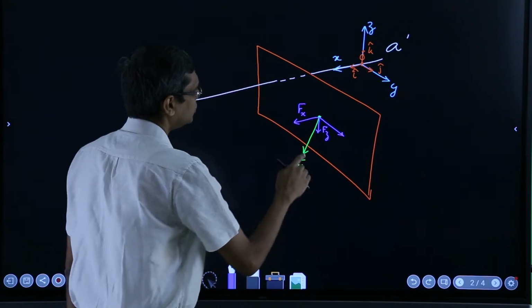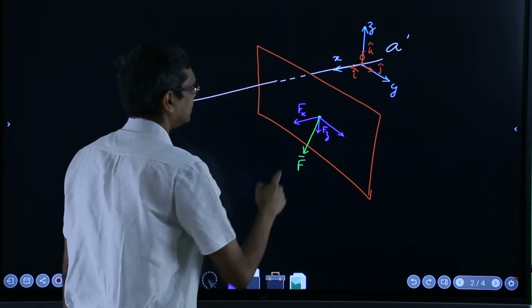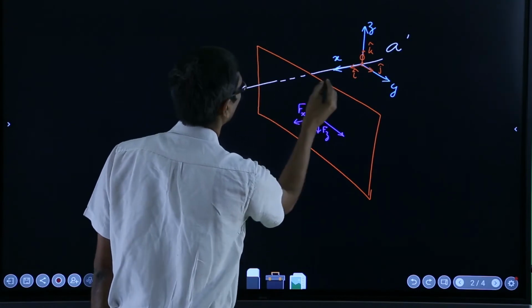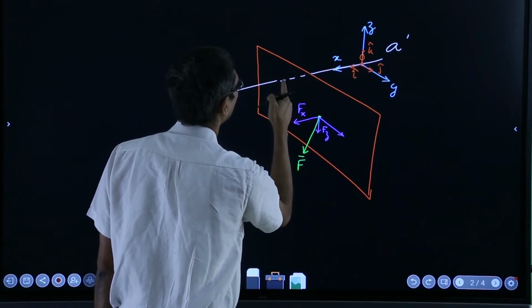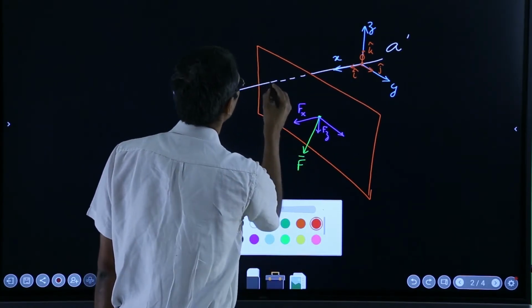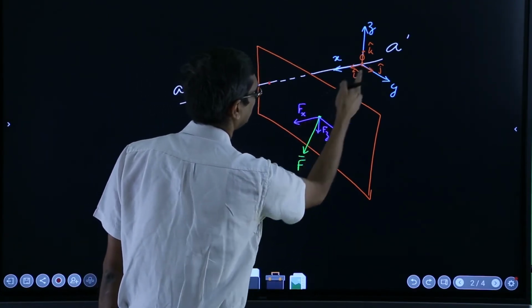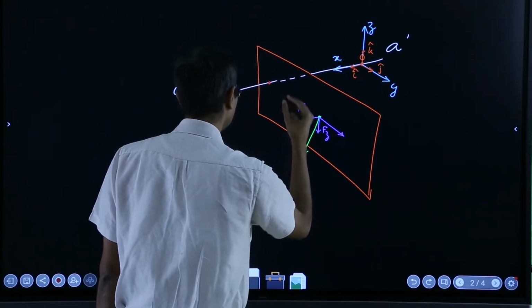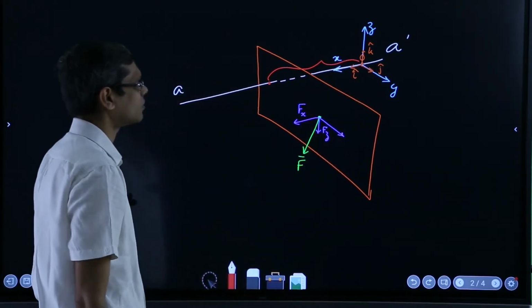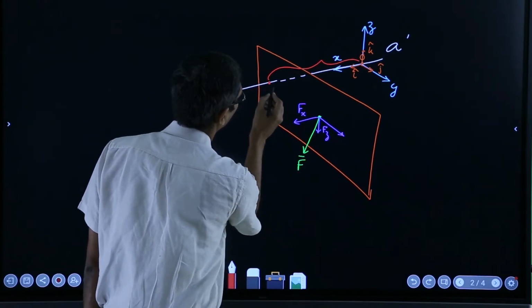Now, to calculate the moment, what we need to do? Let us see about the A A prime thing. So, now let the point at which this plane intersects with this axis be say this one. Okay. Now, the x coordinate of this point is this much. So, this is the x coordinate of that, and then on that plane you come in the y direction like that.